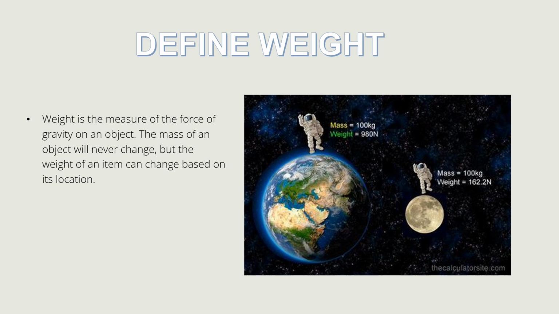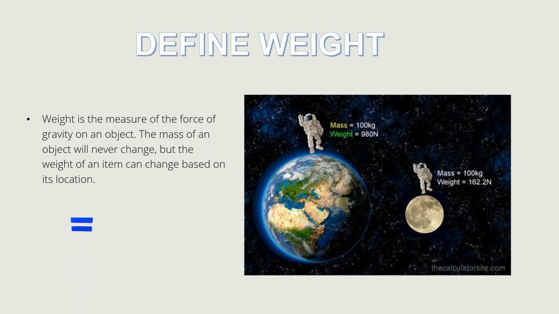On planet Earth, we set gravitational field strength to approximately 10 newtons per kilogram, or 9.81, while on the Moon it is approximately 1.62. So different gravitational field strength will give you, in the end, a different weight.